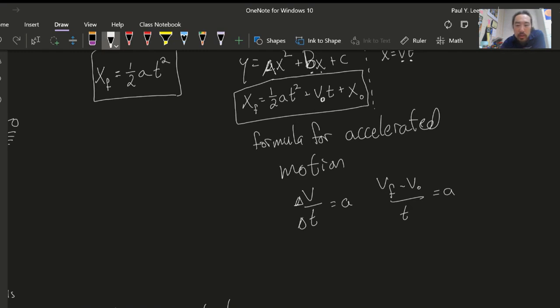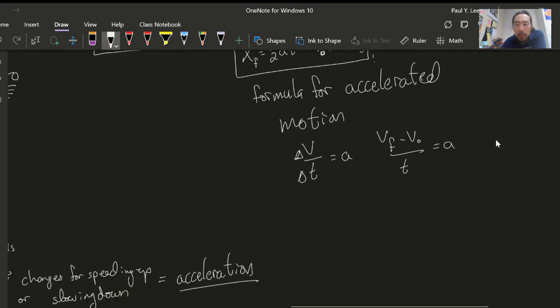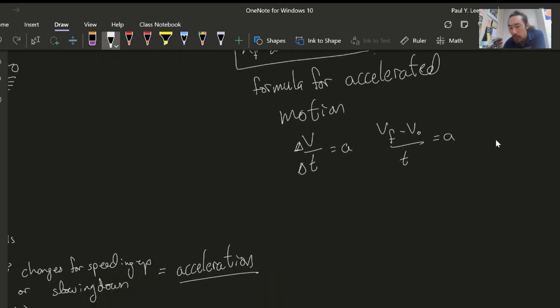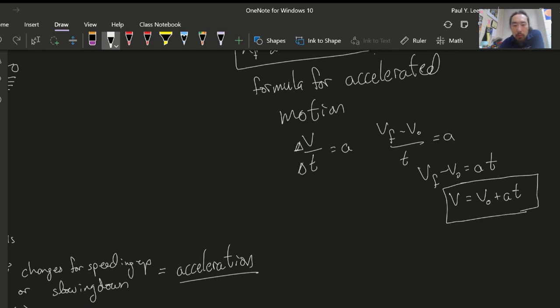If I rearrange the formula in a way that you'll see on your formula sheet, it would look like this: vf minus vo equals a times t, and then final velocity is equal to initial velocity plus acceleration times time. So this is our next formula for accelerated motion. So we have two formulas for accelerated motion.